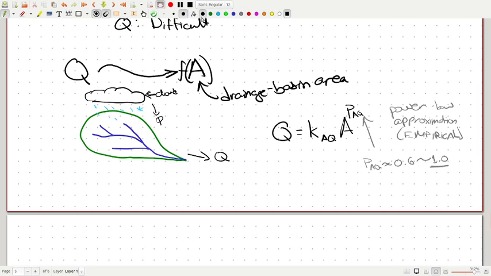I'm going to go back to black. If this power is 1.0, then you know right here that you just have discharge is equal to the precipitation rate times the drainage basin area. And so this K_AQ term is going to be a strong function of precipitation rate.